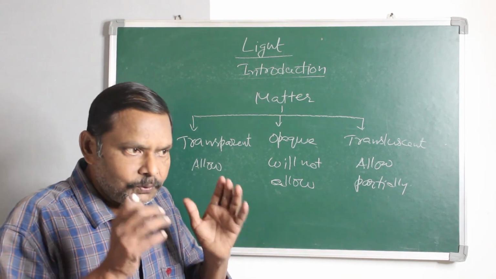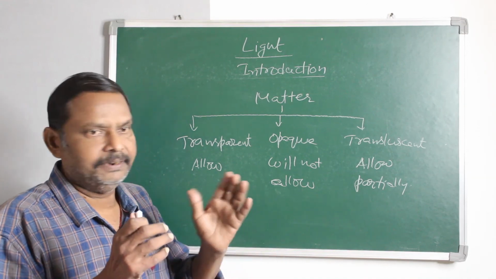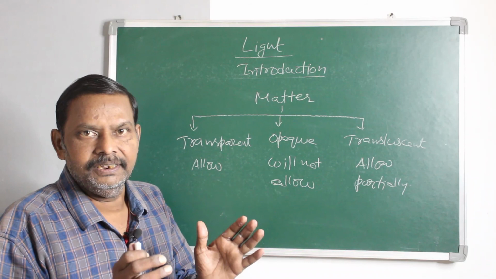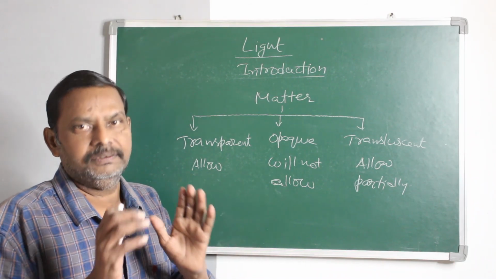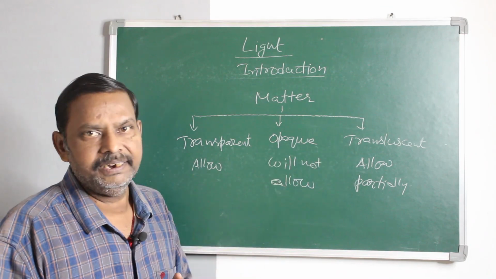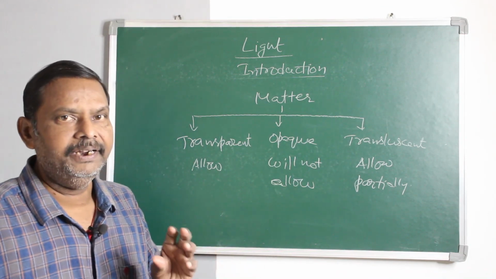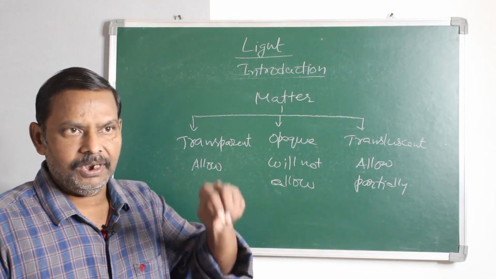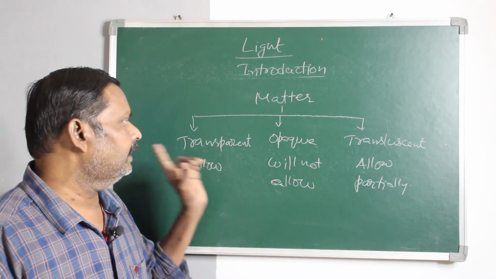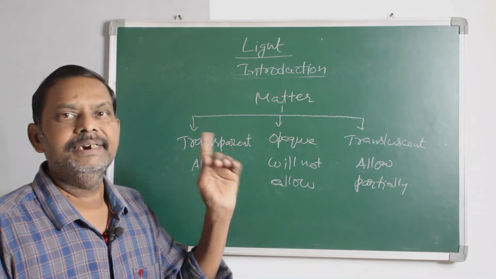Why? Because through butter paper or tracing paper we can see the objects partially and the vision is not so clear, and those materials are called translucent materials. So, based on the ability of light rays to pass through different materials, matter is divided into three types: transparent, opaque and translucent.